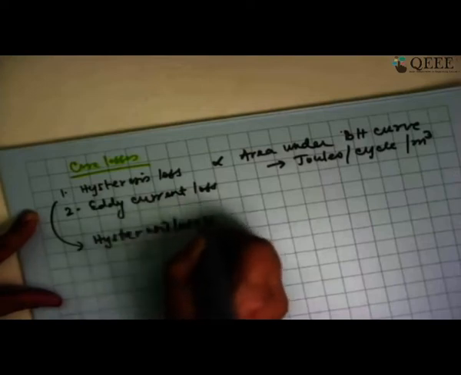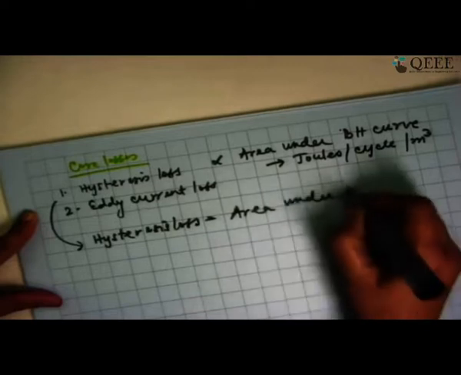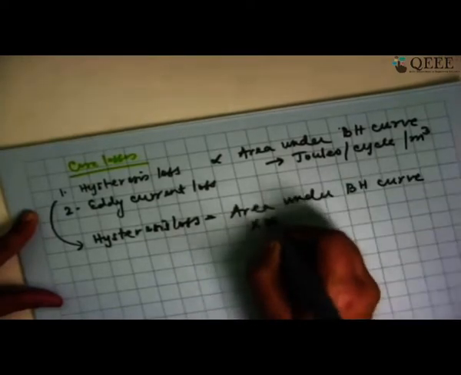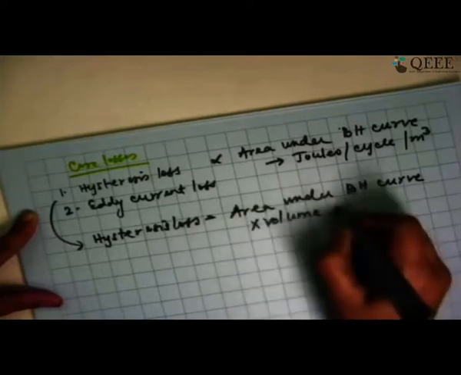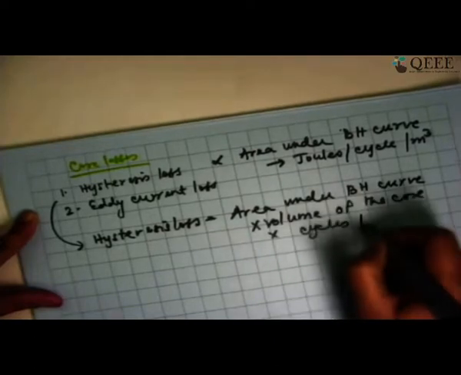So if we say what is hysteresis loss, we can write this as the area under the BH curve multiplied by the volume of the core, multiplied by cycles per second or frequency.